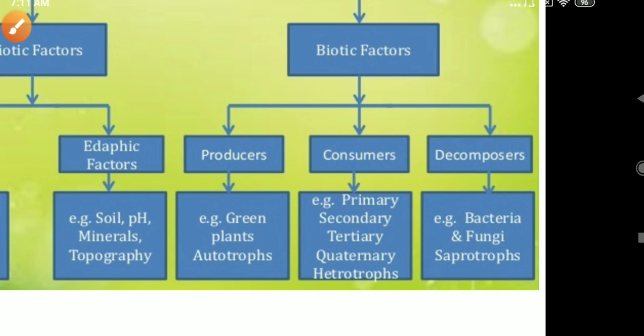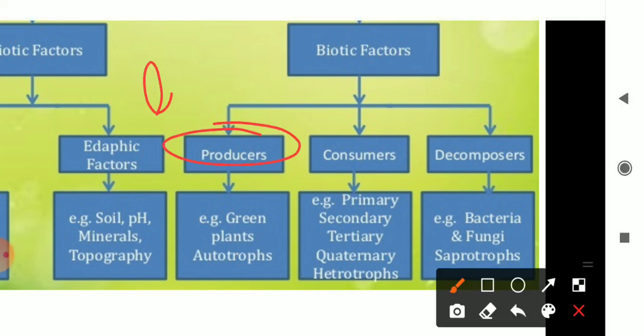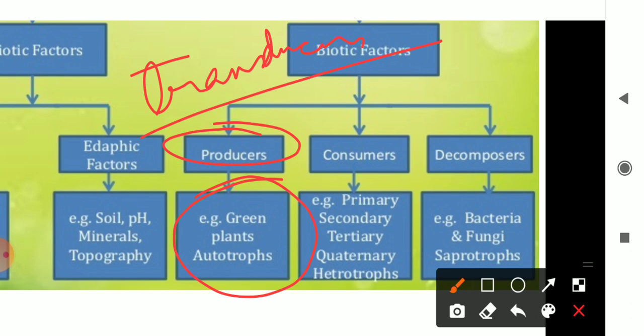So producers are said to be transducers. Why are they called transducers? Because they are the ones which convert the light energy into chemical energy, and this is then provided to other members of the ecosystem. Hence, the producers are also referred to as transducers, and this includes the green plants, which are also referred to as autotrophs.